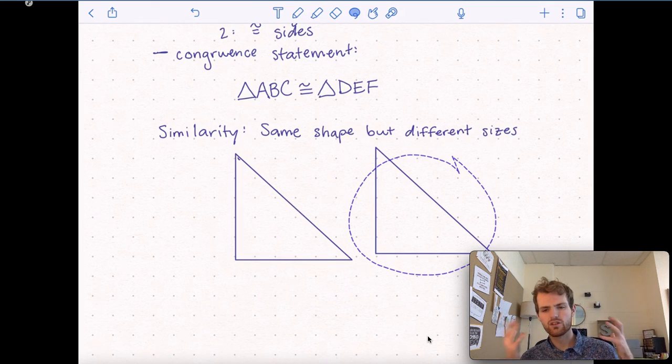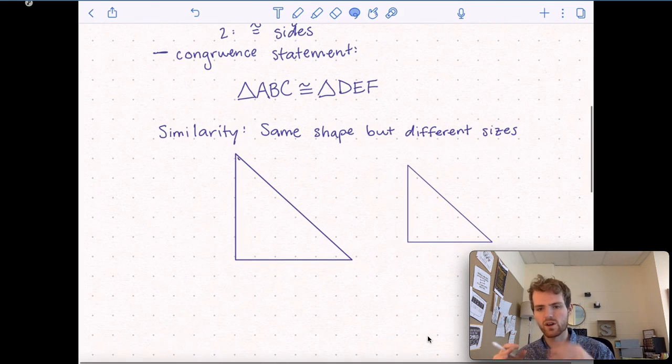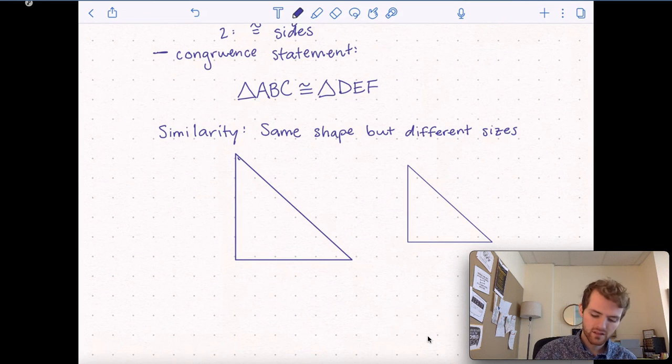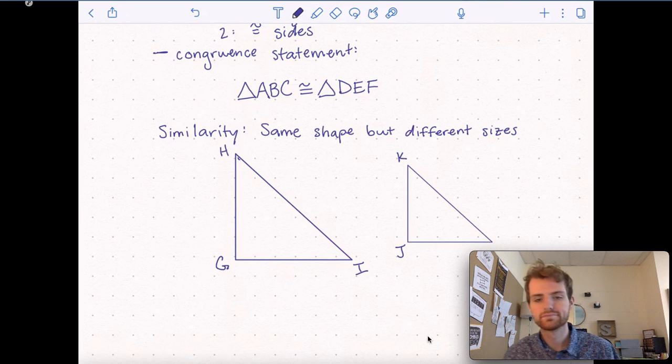What this is, we're just talking about dilations. One is going to be bigger or smaller. So let's call this A, B, C, D, E, F, G, H, and I. The big triangle will be GHI. The smaller triangle would be JKL. Why not?